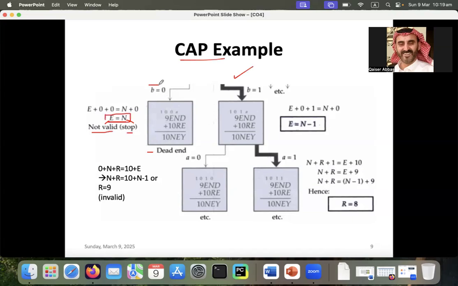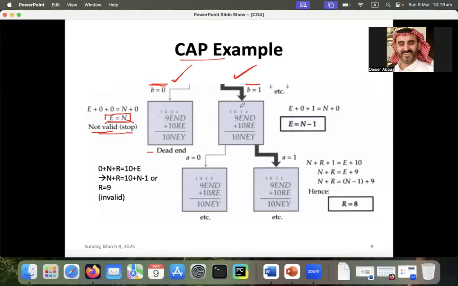Here we were assuming B is equal to 0. So this branch is not giving us the result, so that's why we will stop, and then we will move on to the other branch. Here in this branch, we will assume the opposite of this one. Previously it was 0, now we are assuming 1. So now we are assuming B is equal to 1.